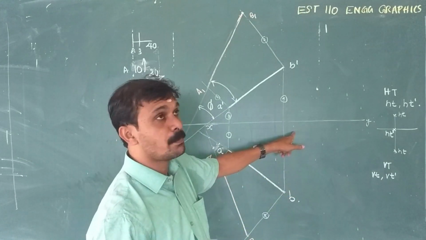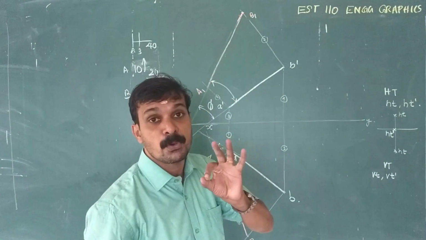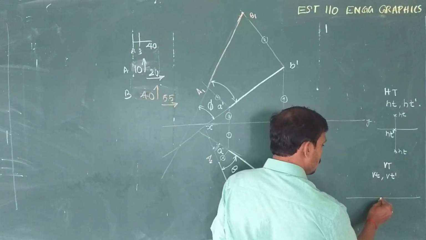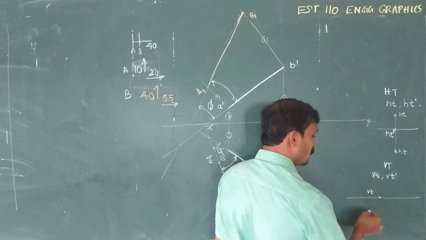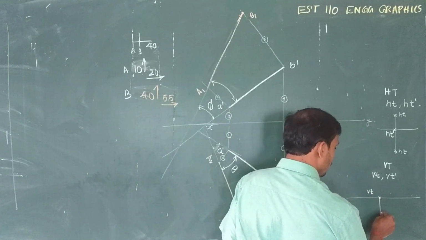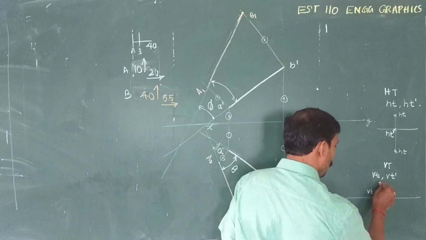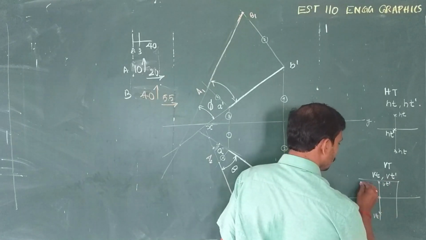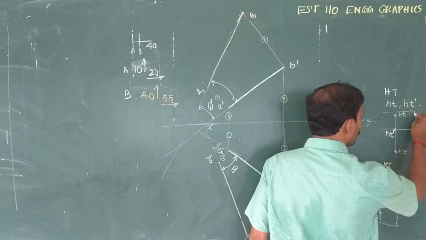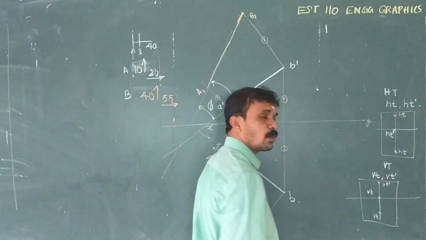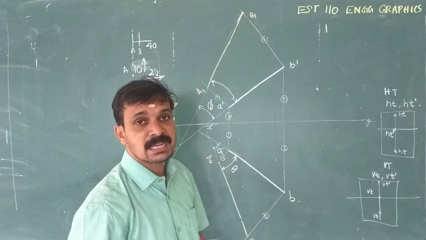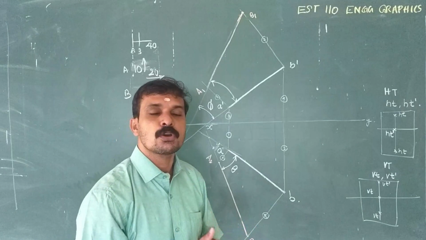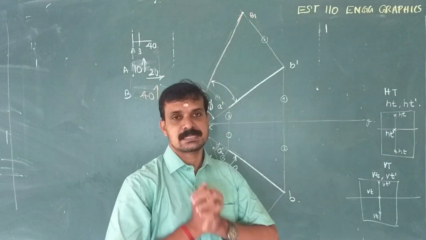So for VT, small vt will always be on the XY line, whereas VT dash will be either below or above the XY line. Similarly, HT dash will be on the XY line, and HT will be either in front of or behind it. So I hope all of you have now understood what a trace is.